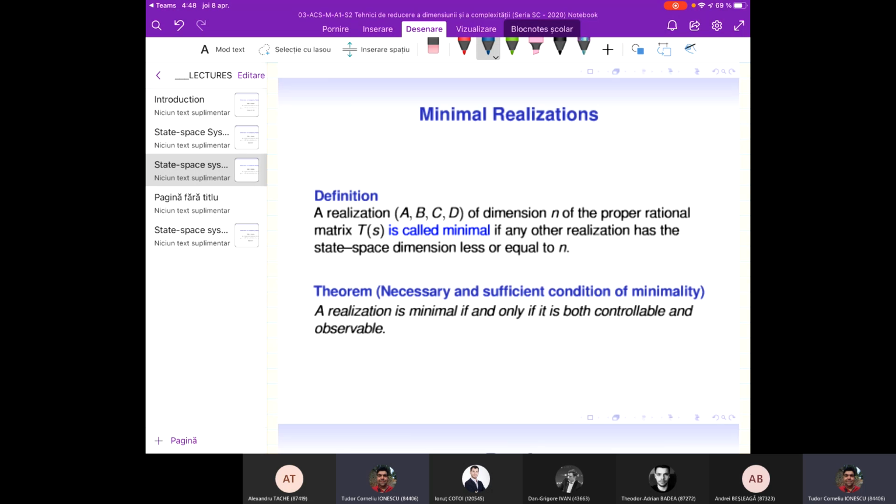Essentially, a realization (A, B, C, D) of dimension n of the proper rational matrix T(s) is called minimal if any other realization has a state space dimension greater than or equal to n.